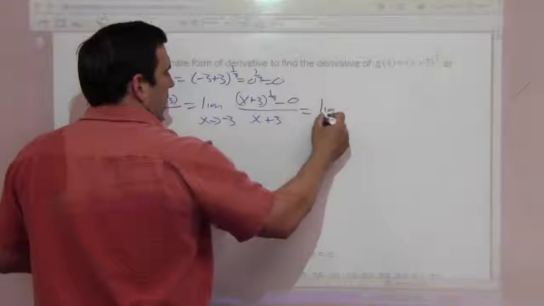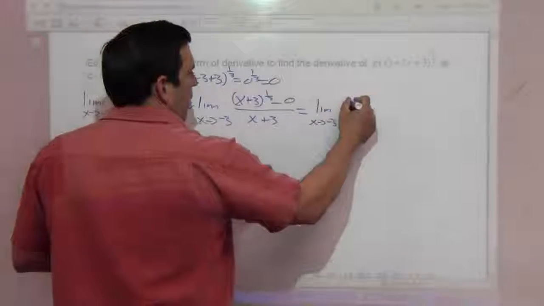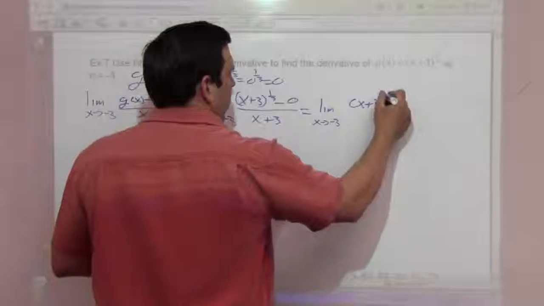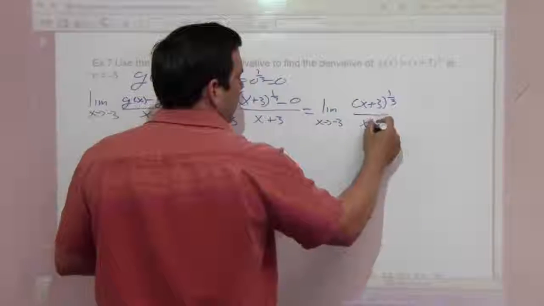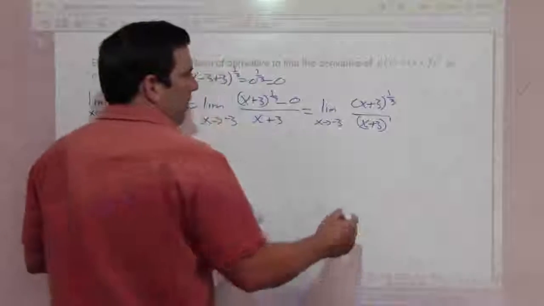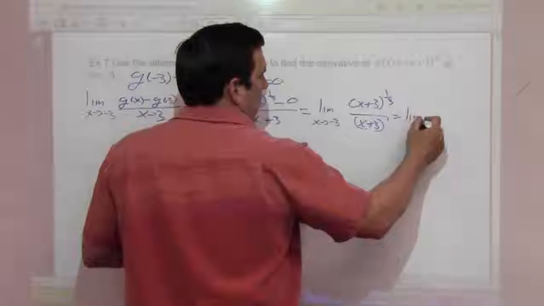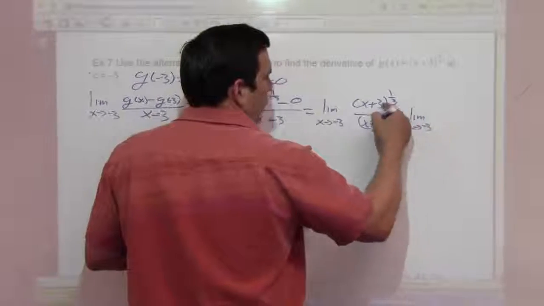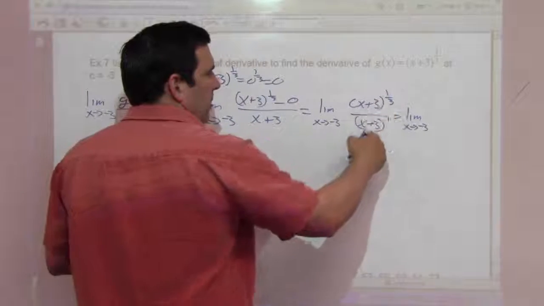So this is the limit as x approaches negative 3 of x plus 3 to the 1/3 over x plus 3 to the 1.